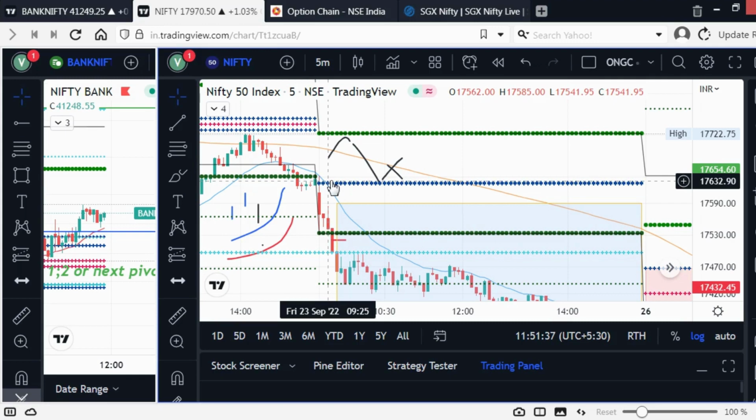Before 9 AM you have to prepare with all these elements. If you prepared and entered somewhere here, even though your stop loss got triggered, don't worry. This is the process of making money in this field.